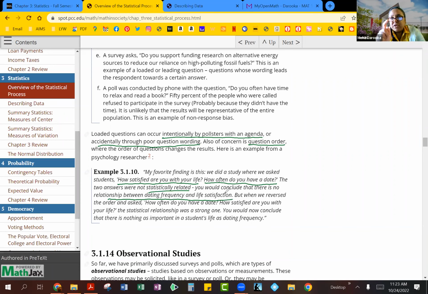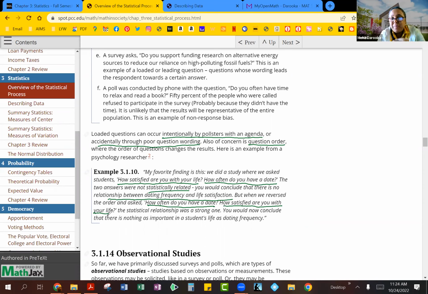However, if you reverse the order of these questions and you first ask, how often do you have a date? How satisfied are you with your life? In this case, you're almost creating a relationship between going on a date and how satisfied you are with your life.